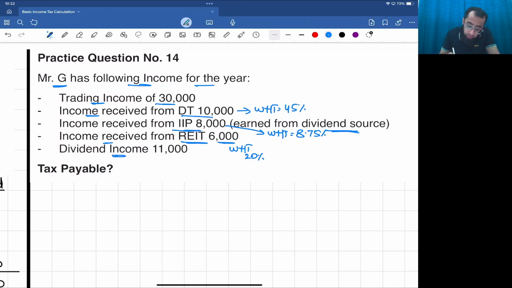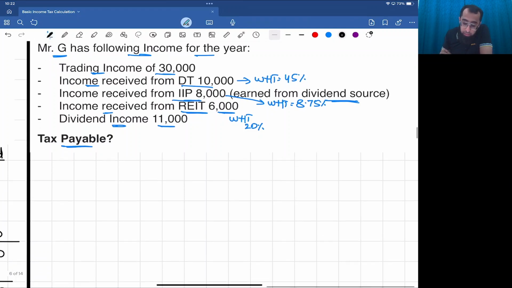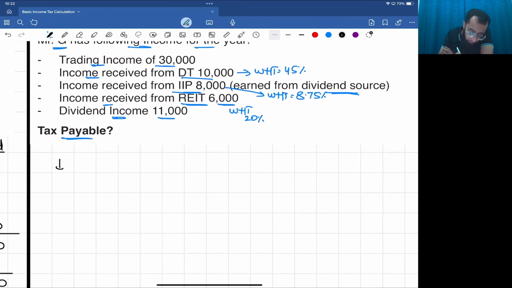And then you have dividend income 11,000. You have to do the tax payable. Again, a routine income tax return. I believe that it's not difficult. Let's look at it. We are doing the income tax return. Okay. Now, you have non-saving income head.